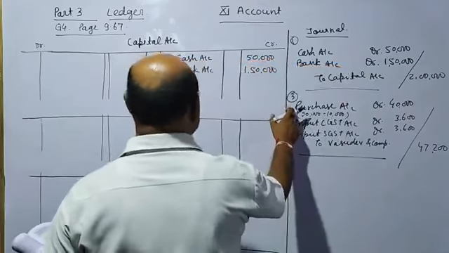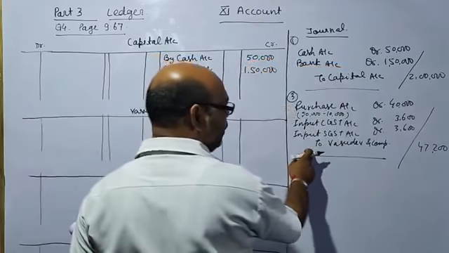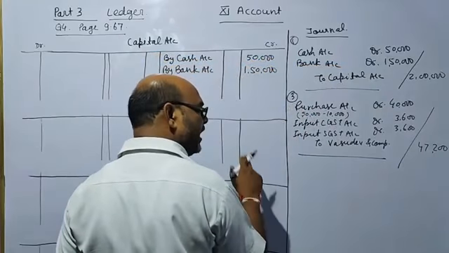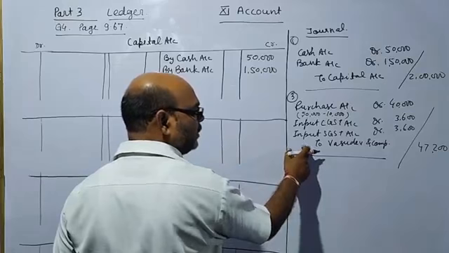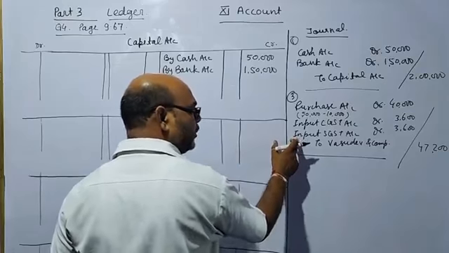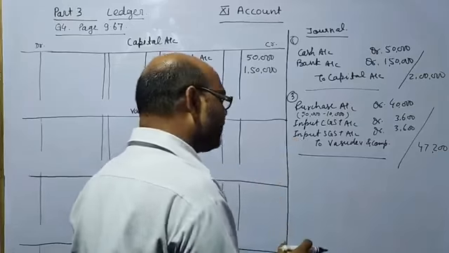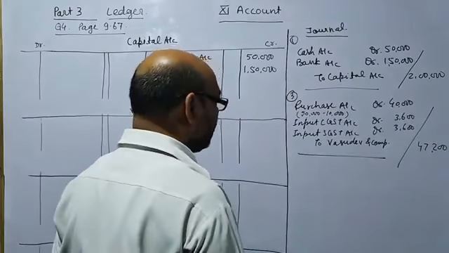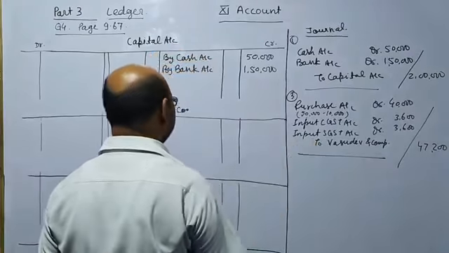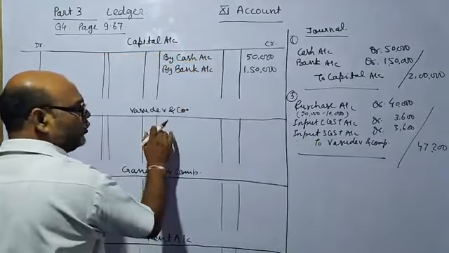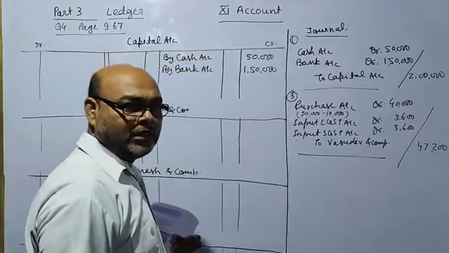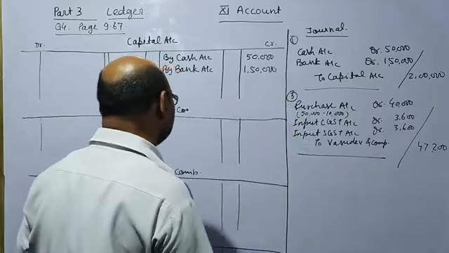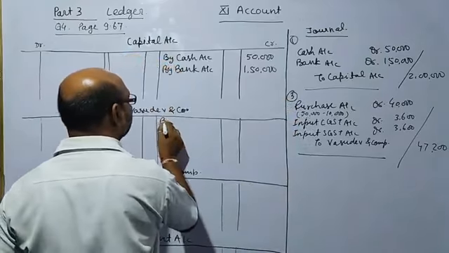Now purchase account debit side you will write to Vasudev 40,000, input CGST debit side you will write to Vasudev 3,600, input SGST debit side you will write to Vasudev and company 3,600. Now Vasudev and company is credit here, so on the credit side you will write the debit term names. There are 3 debit terms, so you will write all the names here.